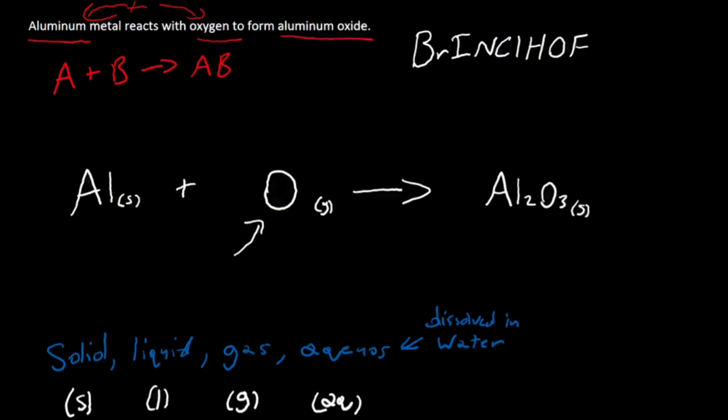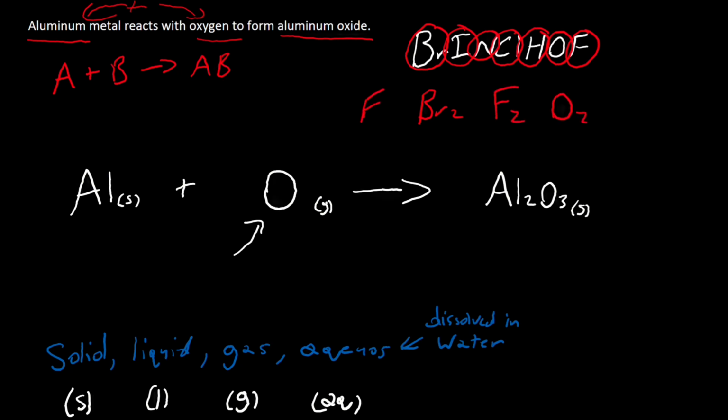So taking a look, these diatomic elements include bromine, iodine, nitrogen, chlorine, hydrogen, fluorine, and oxygen. What this means is we must always write a 2 subscript because it is diatomic. So back to the chemical equation, the proper way to write this would be O2.